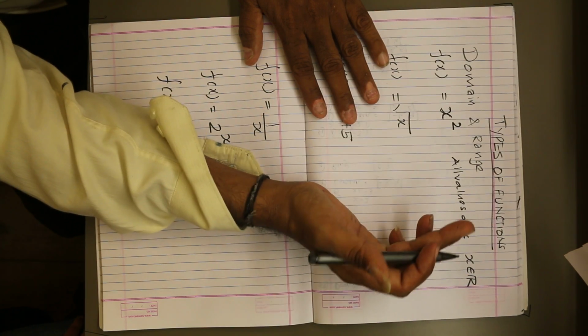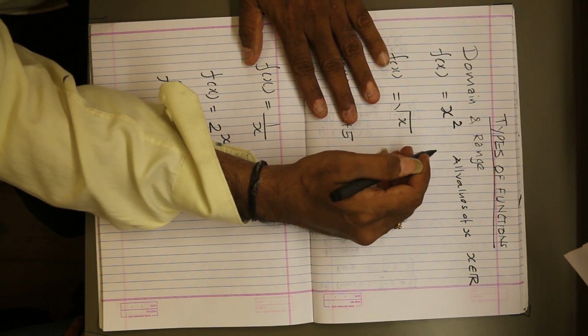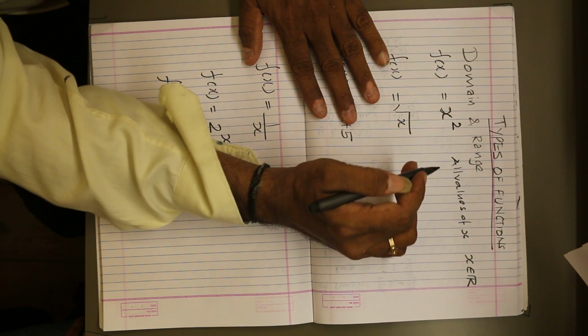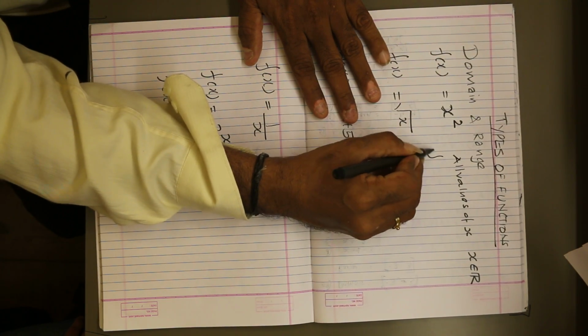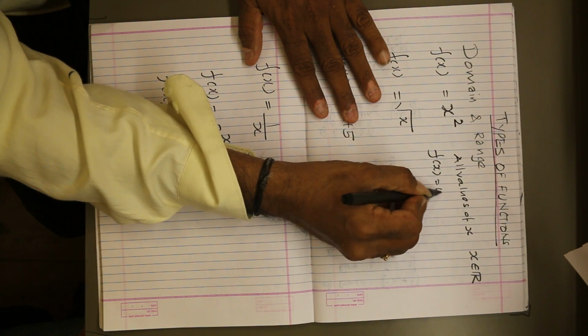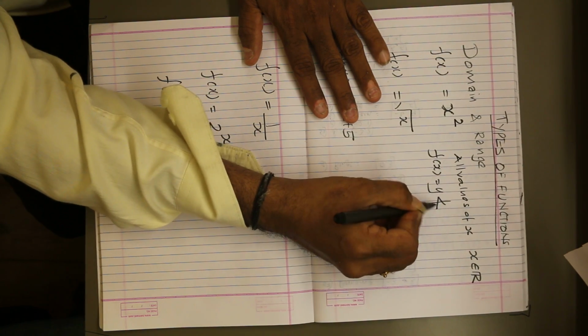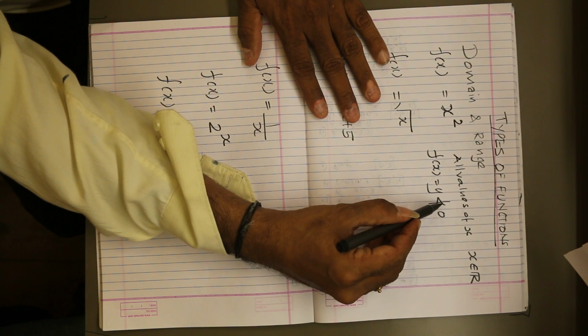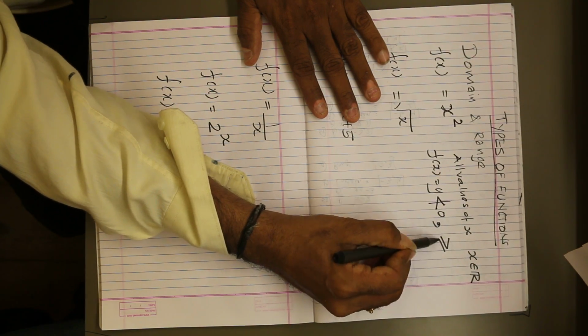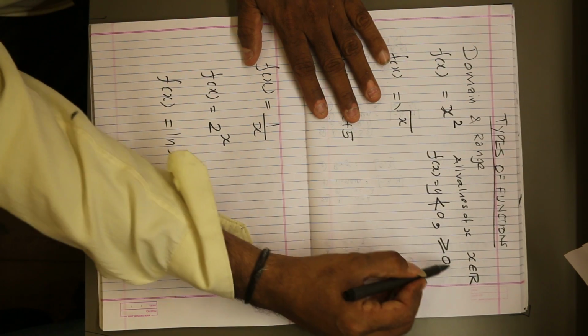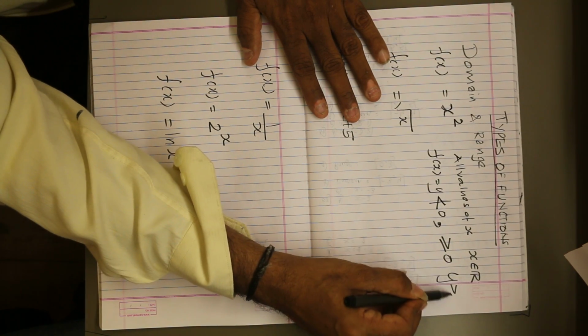Even if you take x 0, x is neither negative nor positive number, if you square it becomes 0. Therefore, f of x, that is y, can never be negative. Obviously, never negative means always greater than or equal to 0. So range is y greater than or equal to 0.